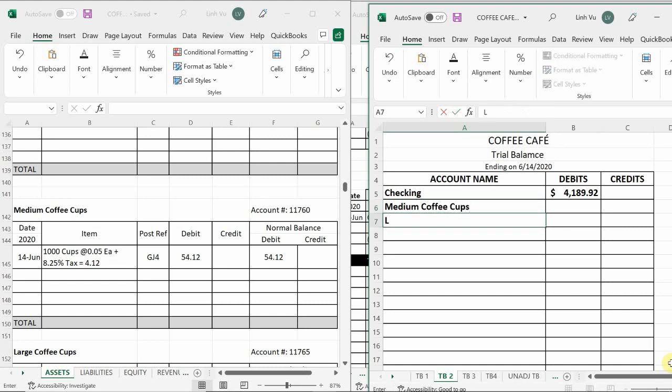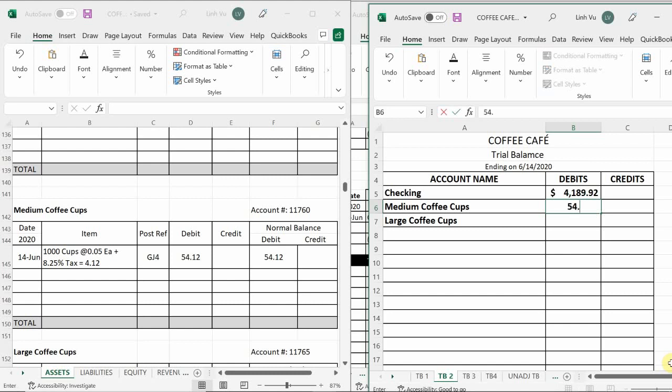And of course I'm going to put large coffee cups. So in this case, how much medium coffee cups do I actually have right now? Or in this case, what's the account balance? $54.12.